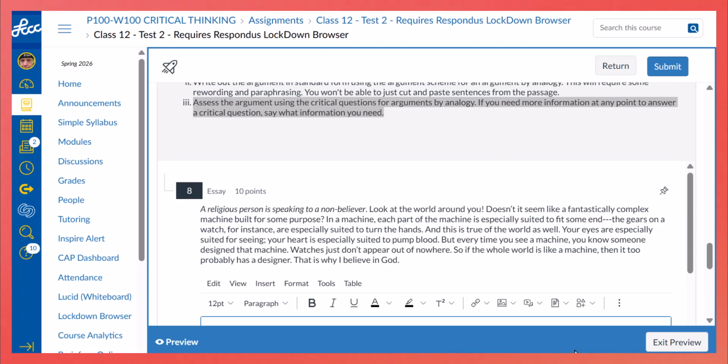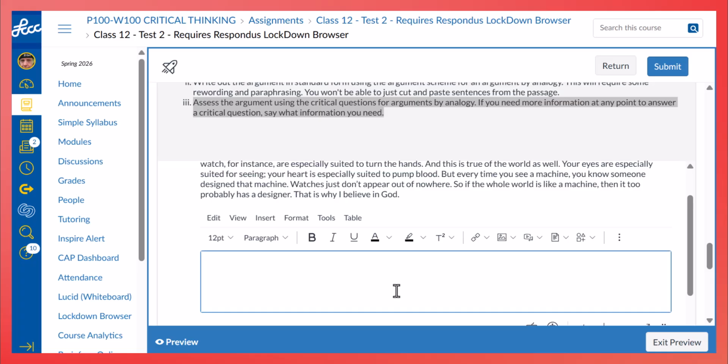So what we can do is we write out the parts. For one, we say that the reference analog is a machine. And the target analog is the world or the universe.